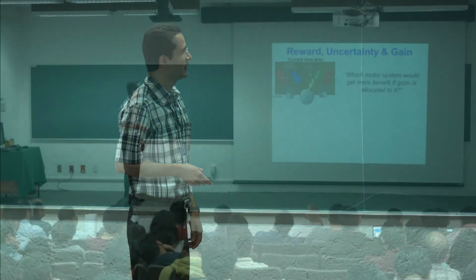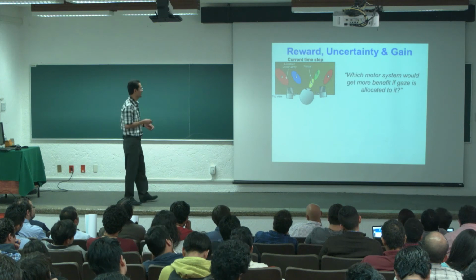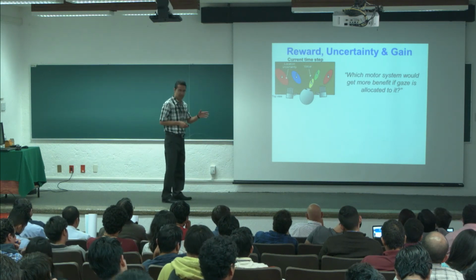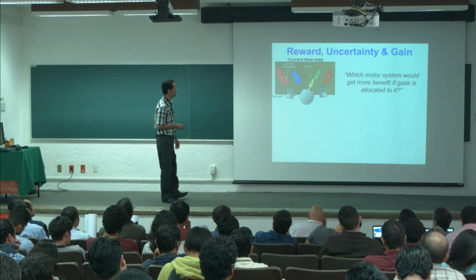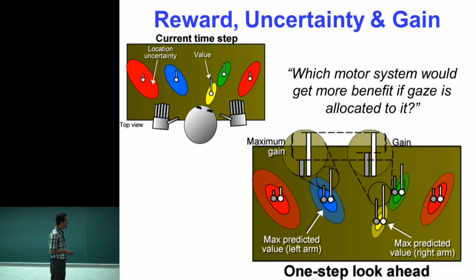And the last one combines the problems that I talked about before, where you have to allocate gaze to one of the arms as well. So in this case, the question is which motor system will get more benefit if gaze is allocated to this motor or this arm. It's similar to the previous one, but in the previous one, if you remember, we chose to look at this object.